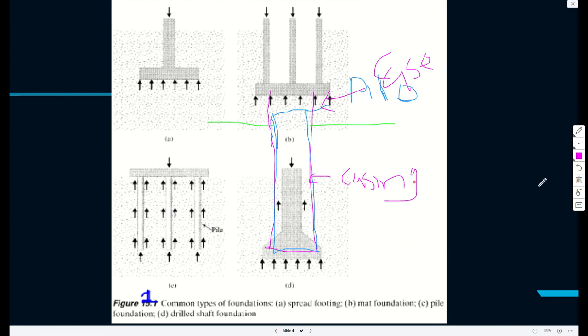That's up to you. That's all we are trying to say, such that if you're seeing the drawing in plan, this would be your casing, and then closely there, this is your pile.